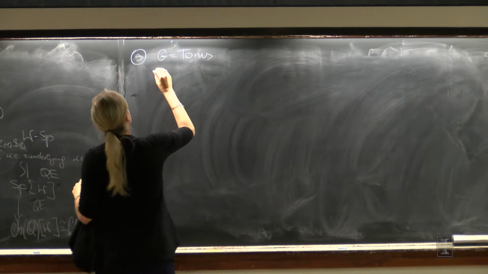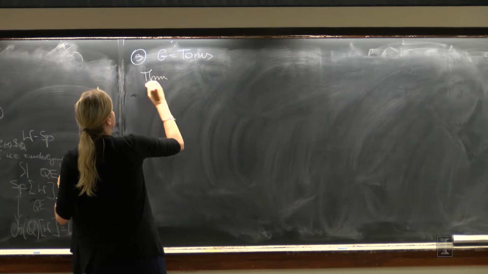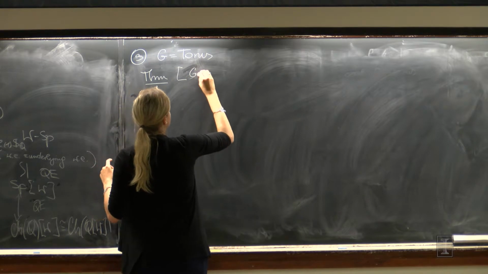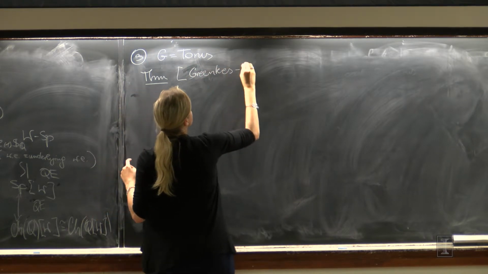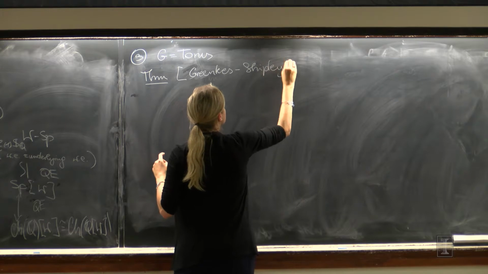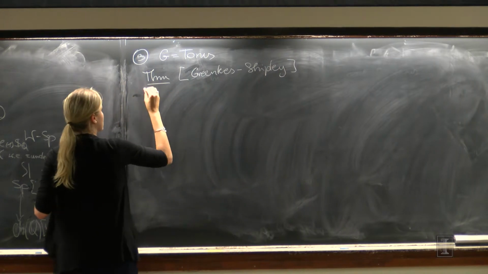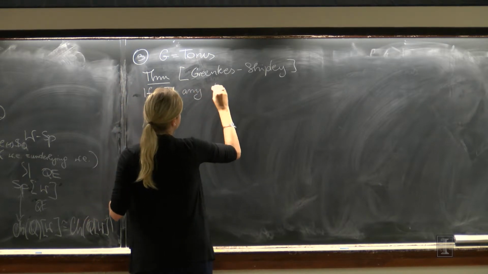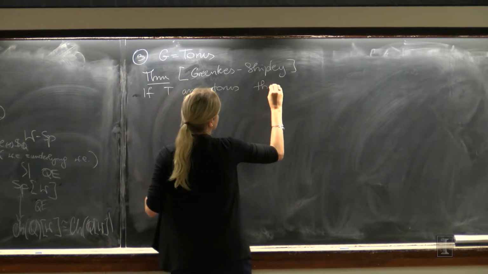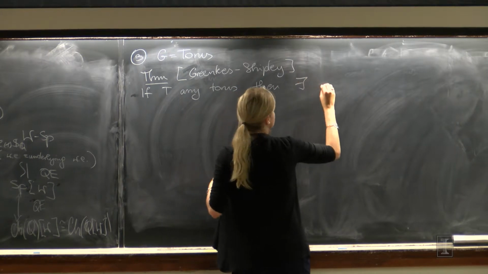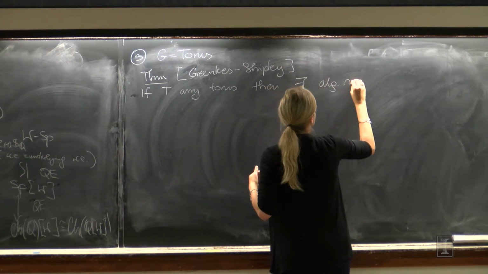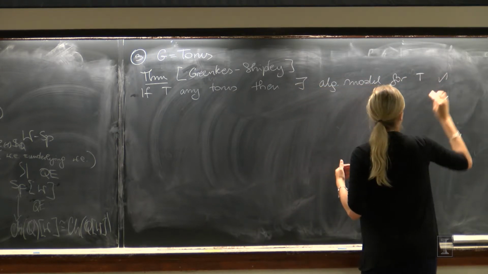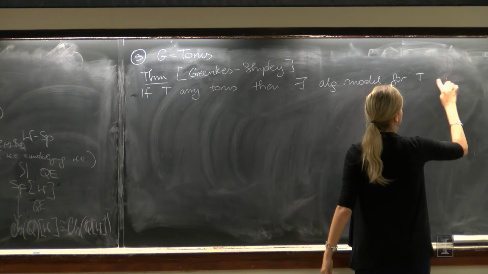And it's a new theorem by Greenlees and Shipley, I should get it alphabetically, which tells you that if T is any torus, any rank torus, then there exists an algebraic model for T.